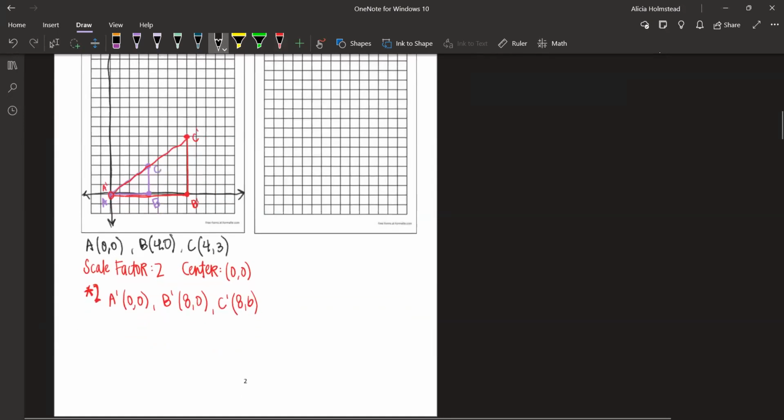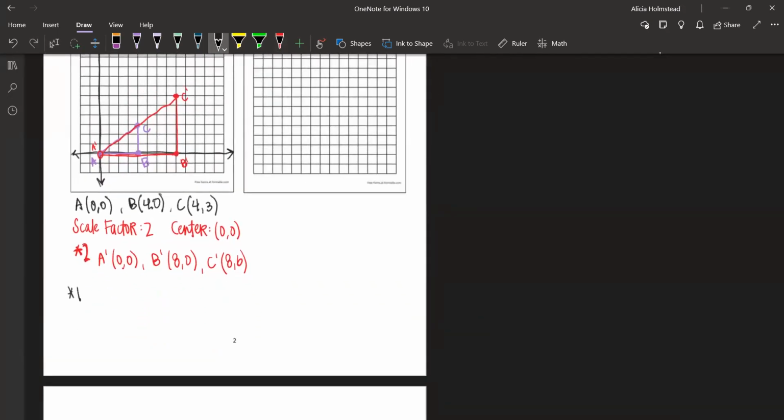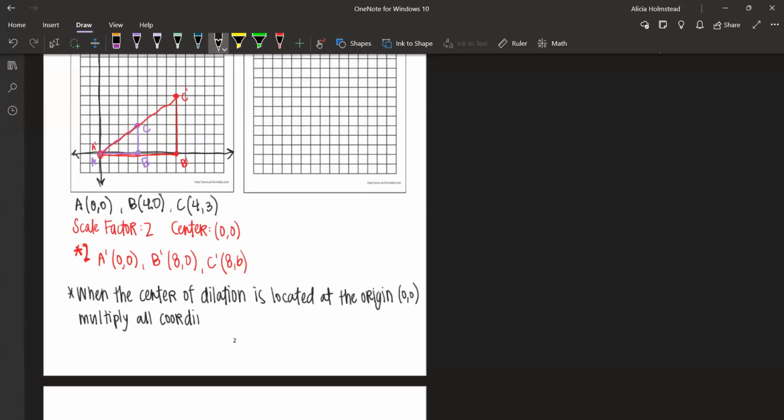Okay, so let's make a note here at the bottom of our page that when the center of dilation is located at the origin, which is 0, 0, multiply all coordinates by the scale factor.